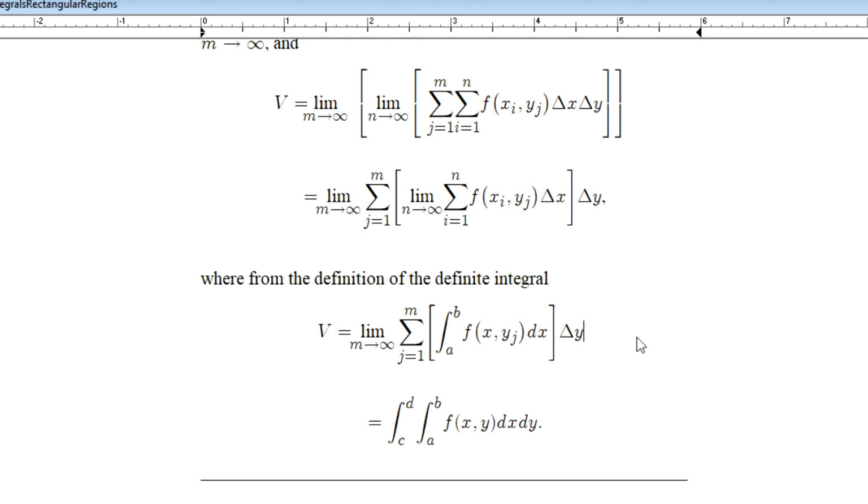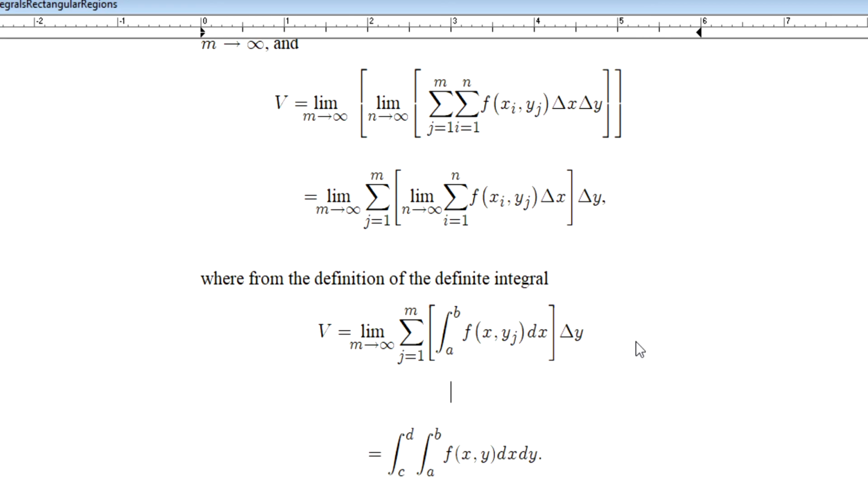Where with respect to y sub j, we can now come back and consider the limit of that. And in fact, if I wanted to add a line in there to highlight this, we could consider finding this equal to the limit as m heads to infinity for the summation from j equals 1 to m of big G of y sub j, multiplied by delta y, which can come back in as a constant multiple into a summation.